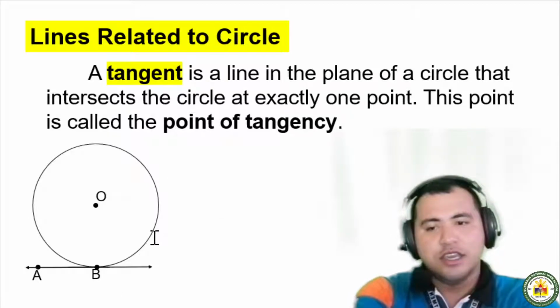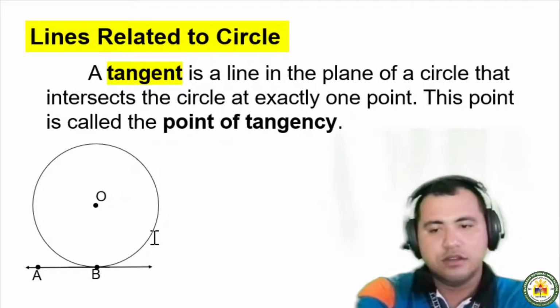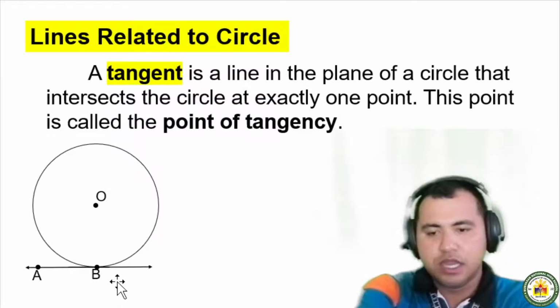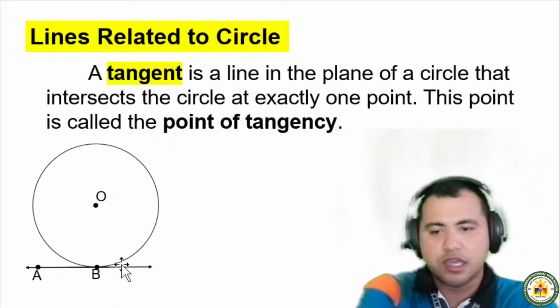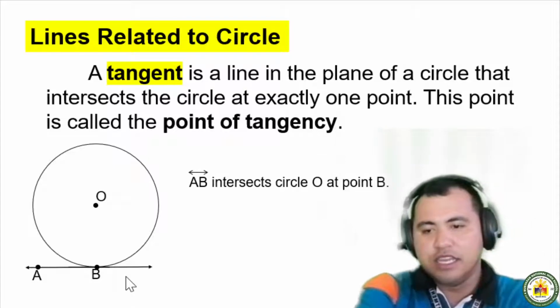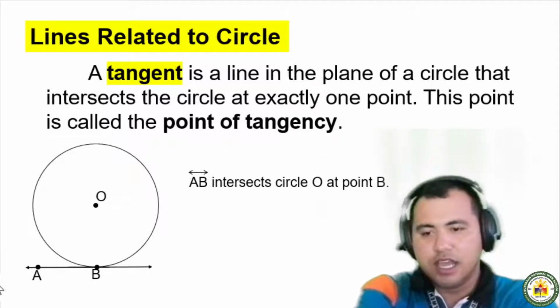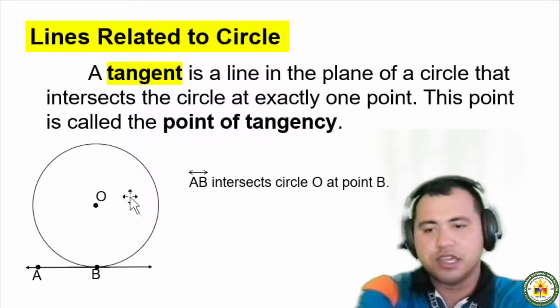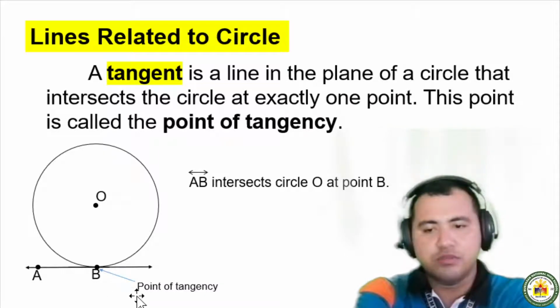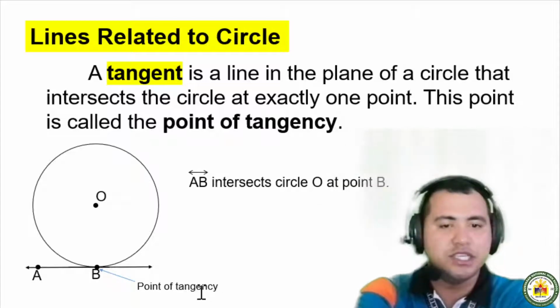Okay. Another example is that one. Based on the figure, we have line AB, kining babaw, intersect circle O at point B. So, line AB, kining nga linya si AB, nag-intersect sa atong circle O sa point B. Nag-abot sila sa point B. So thus, point B is what we call point of tangency.